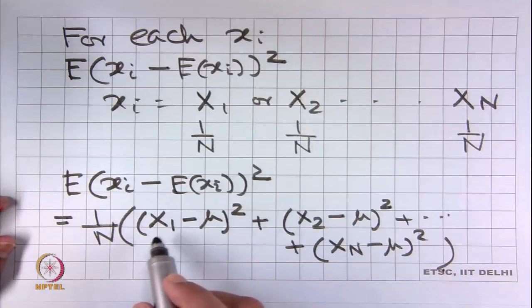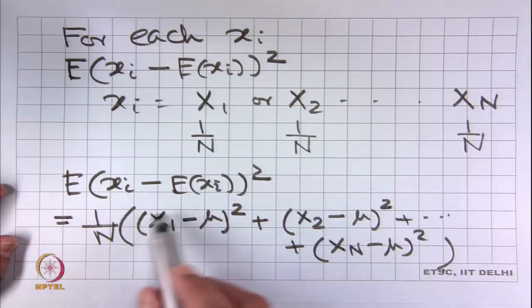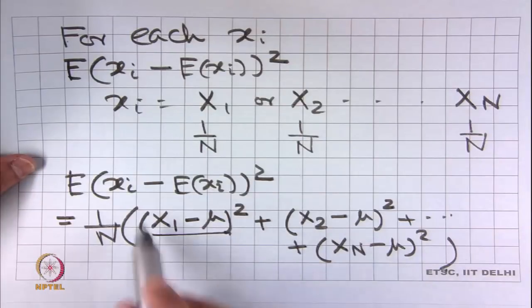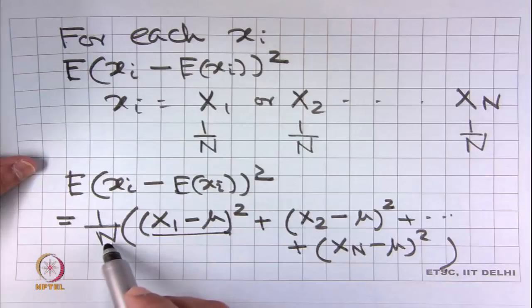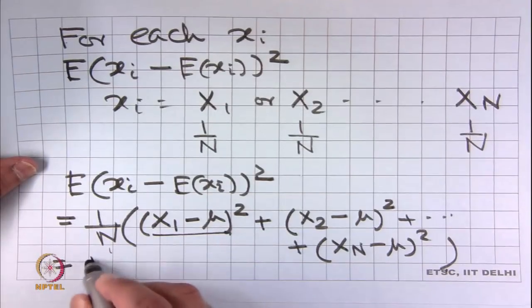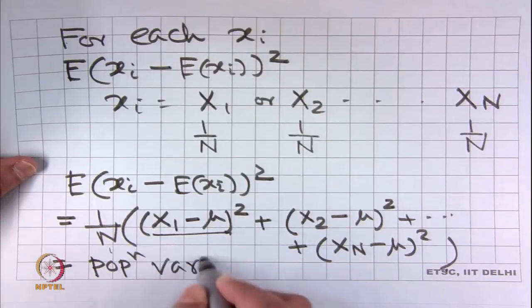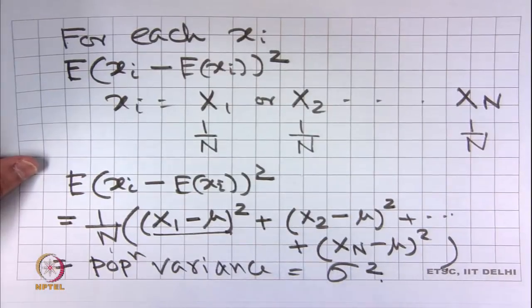You are looking at the values, subtracting the mean and taking the square. This whole thing is the sum of squares of deviation from the mean, divided by n, which is the population variance, equal to sigma square.